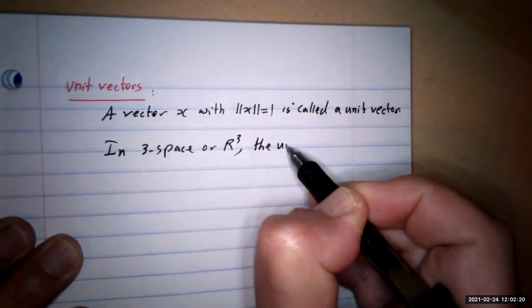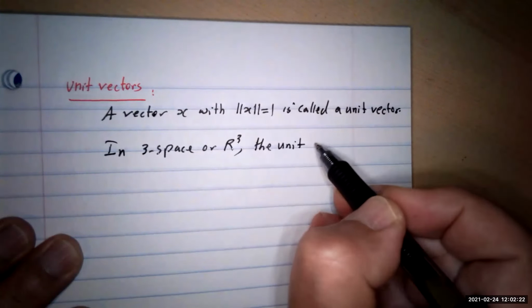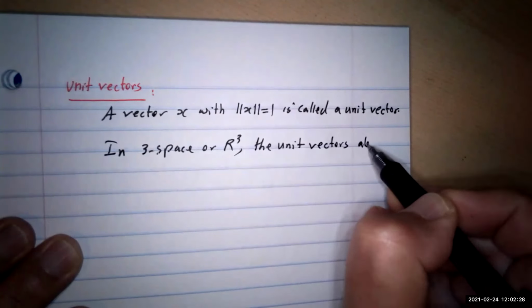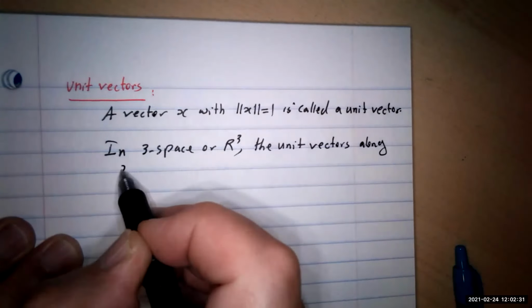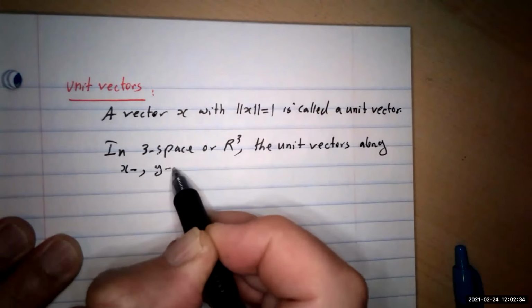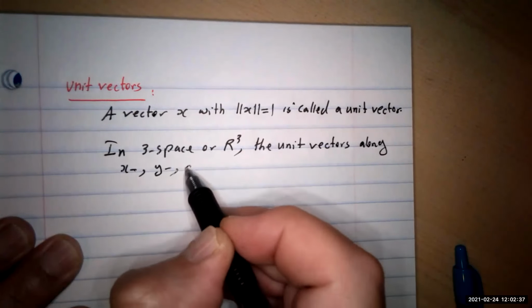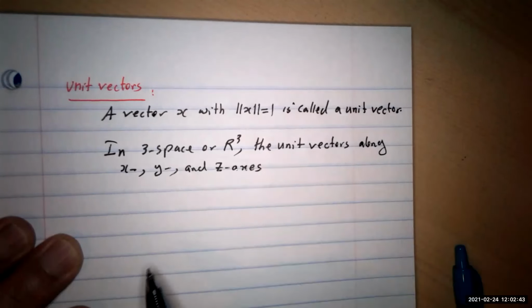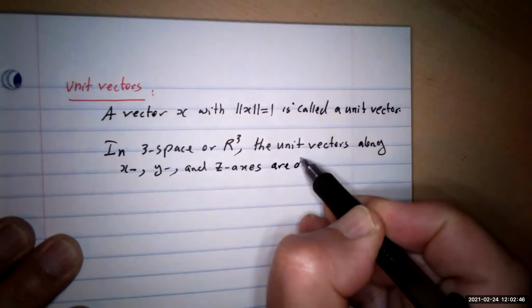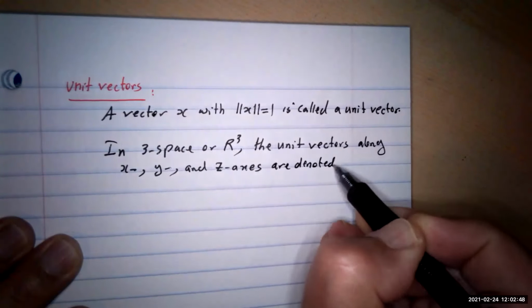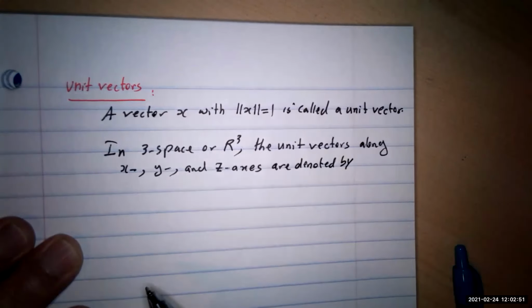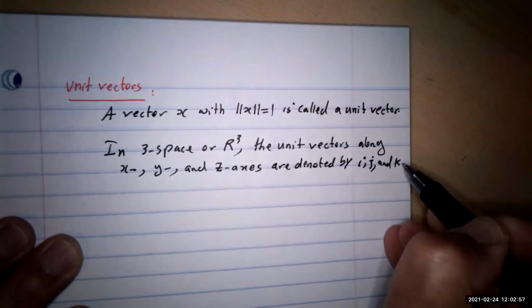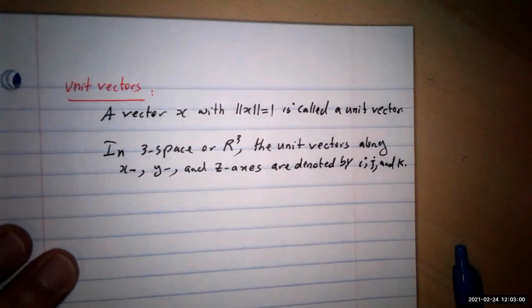The unit vectors along the x, y, and z-axis are going to be denoted, as you've probably seen before, by i, j, and k.